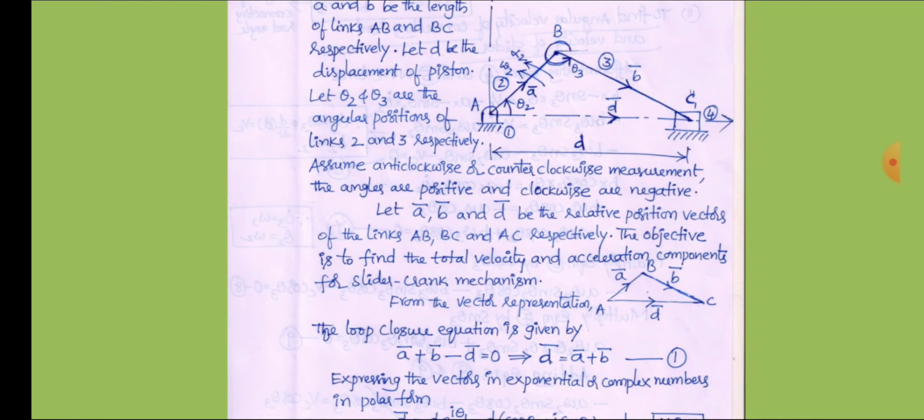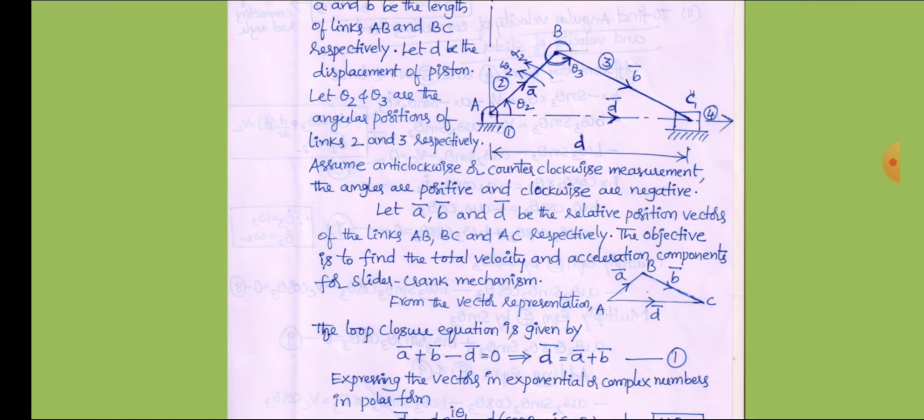So remember, d bar is equal to d, no doubt about it, because theta 1 is equal to 0. What is theta 1? It is the angle made by the slider with respect to the link 1 or the point A. As the point A, which is the base pivot point of the crank, is in line with the slider, hence theta 1 is equal to 0.